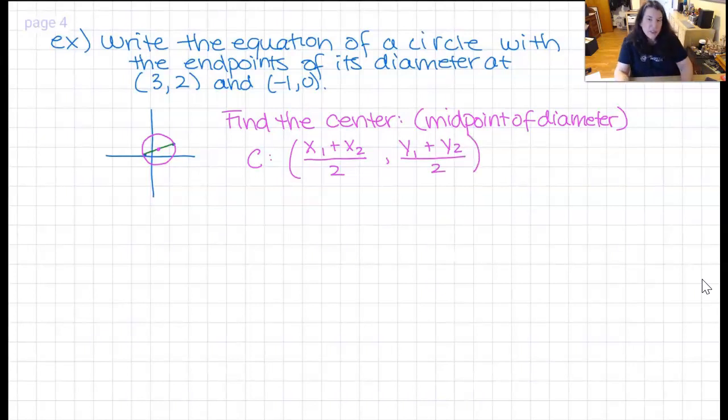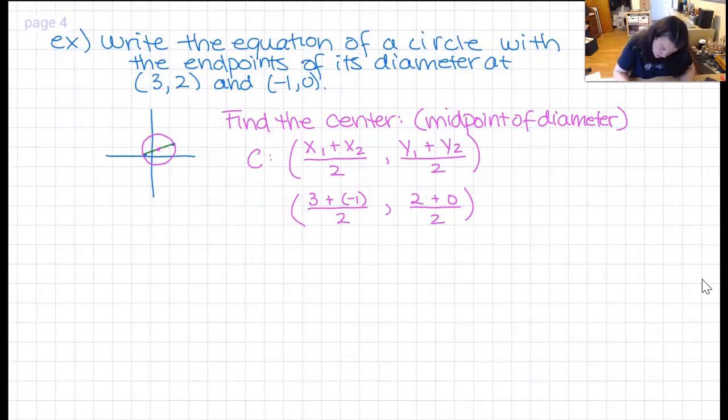Like I said, just the average of the coordinates. So we have (3 + -1)/2, there's my x-coordinates. And then (2 + 0)/2, there's my y-coordinates. And on both of them, it looks like I'm going to get (1, 1). Which on my very quick sketch looks reasonable, so I'll go with that.